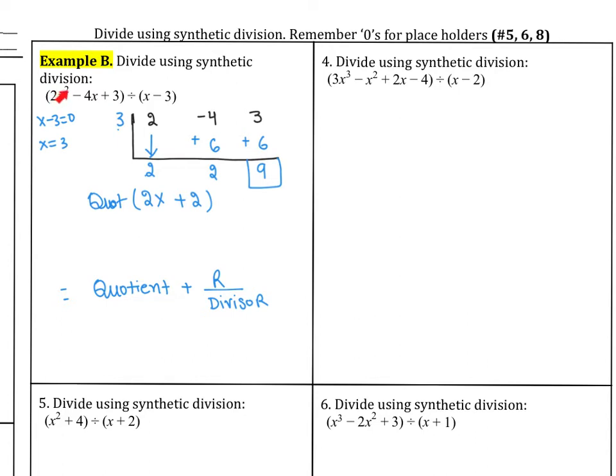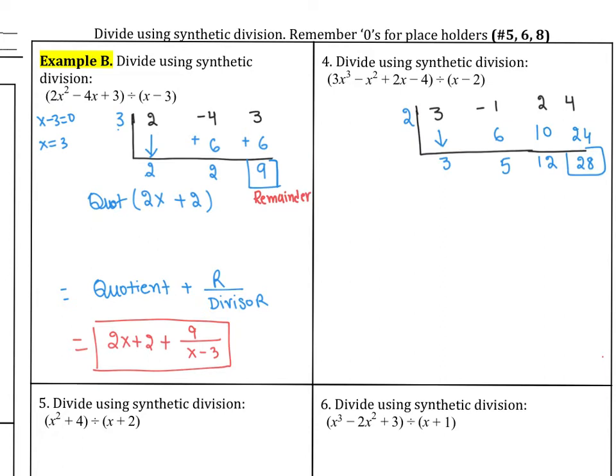So x to the power 2, this number will start at x to the power 1. So the quotient is 2x plus 2. Remainder is 9. And then the division algorithm result is 2x plus 2 plus 9 over x minus 3.